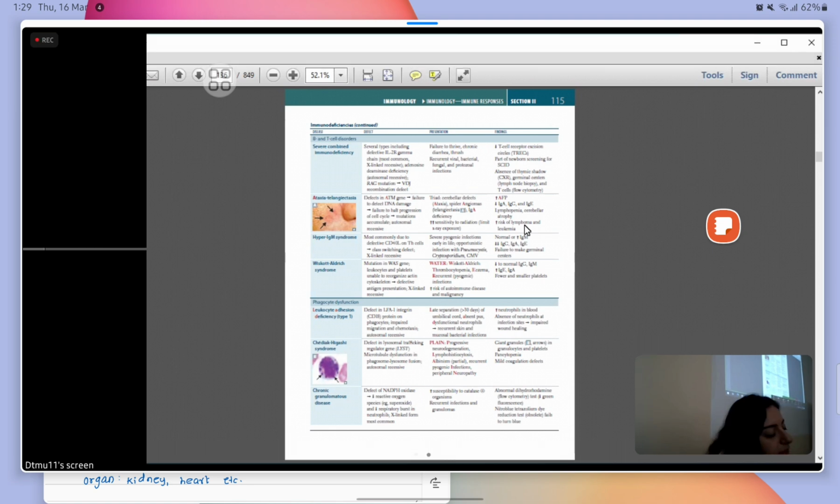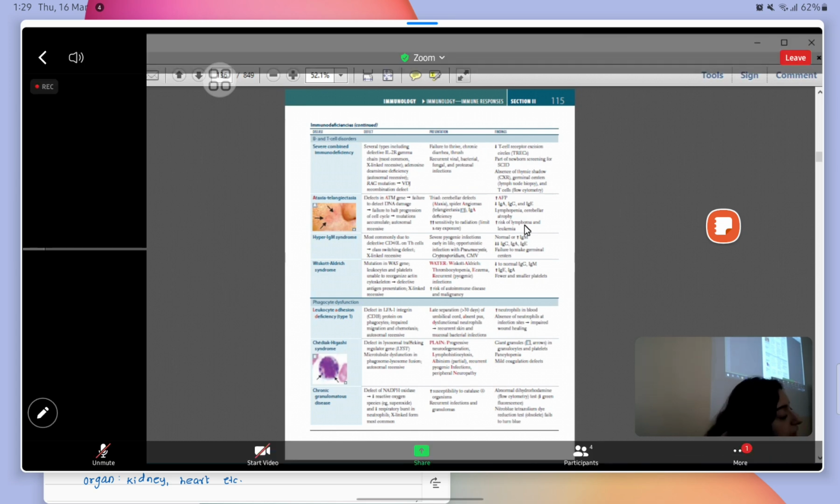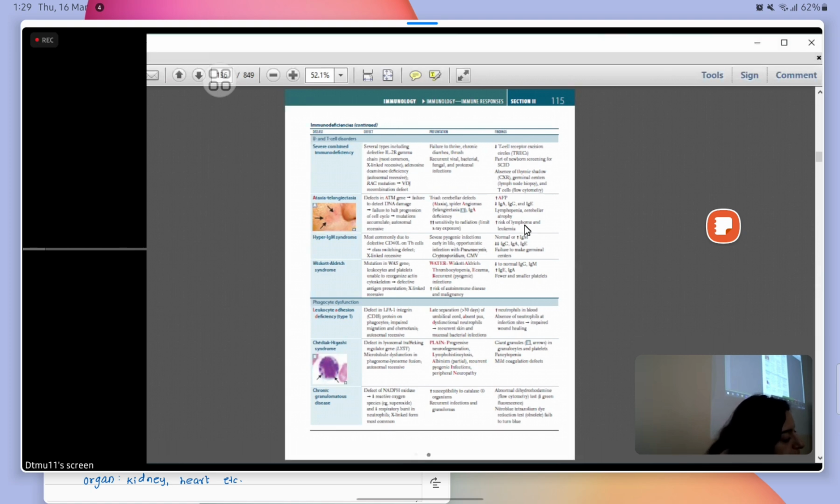The third reason why we have severe combined immunodeficiency is a defect in RAG1 and RAG2 genes. RAG1 and RAG2 code for the enzyme recombinase, which participates in VDJ recombination. If you can't do VDJ recombination, you are not able to produce different types of antibodies and different types of T cell receptors.